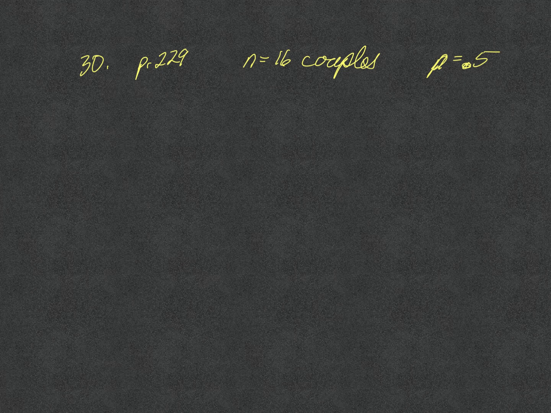All right? So all they want us to do first in these problems is find the mean and the standard deviation. So what's the mean? Well, the mean is equal to np. So in this case, it would be 16 times 0.5, or 8.